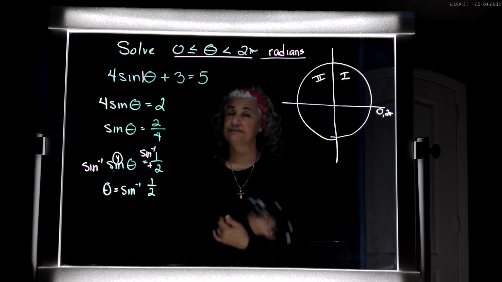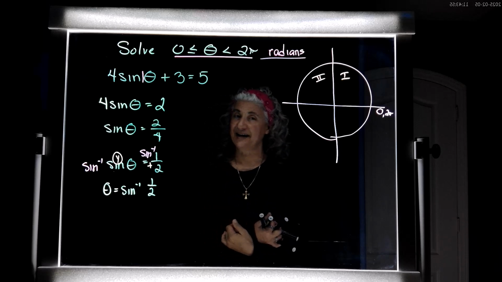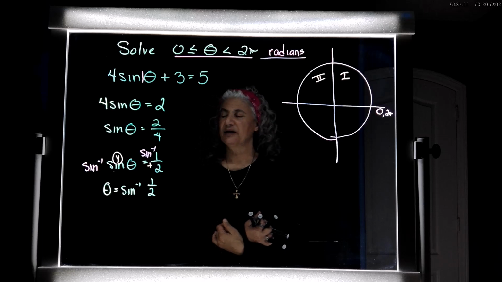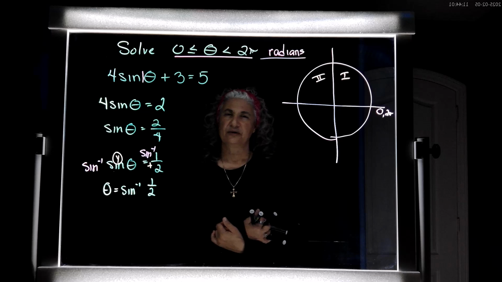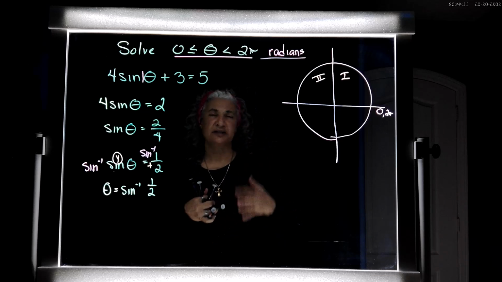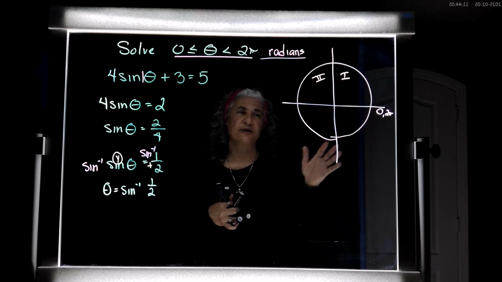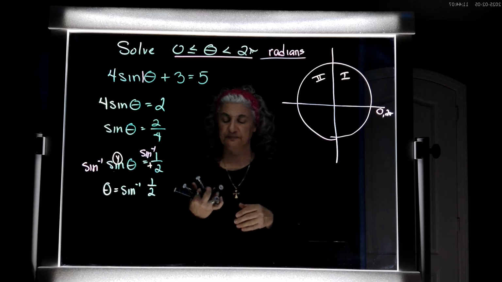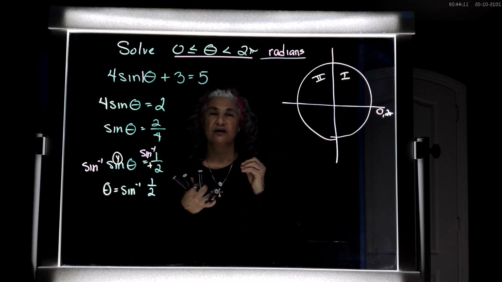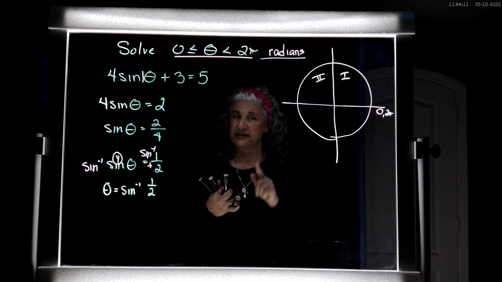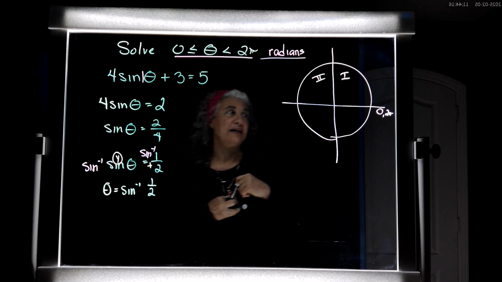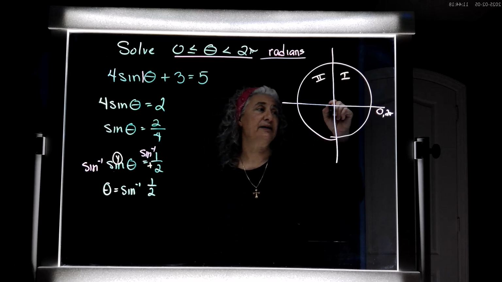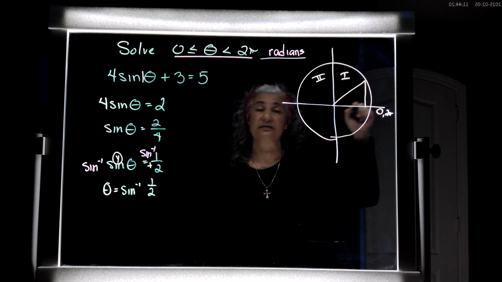Reference angle. 1/2. Remind me, those numbers: does it lie on a triangle or does it lie on the unit circle that has a bunch of 1s and 0s? 1/2 lies on that 30, 60, 90 triangle, correct?